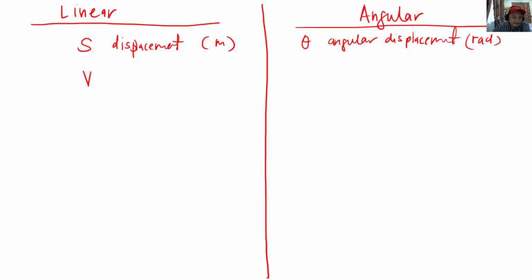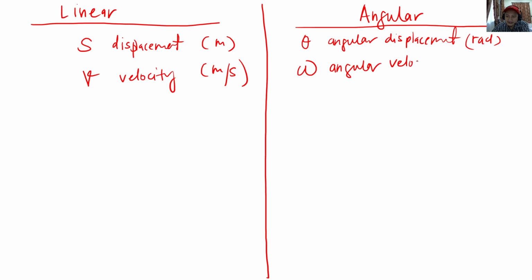So you have velocity. The unit is meter per second. Now you have something called omega, angular velocity. So it is radian per second. This is the unit for angular velocity. After that, moving forward, you have acceleration.